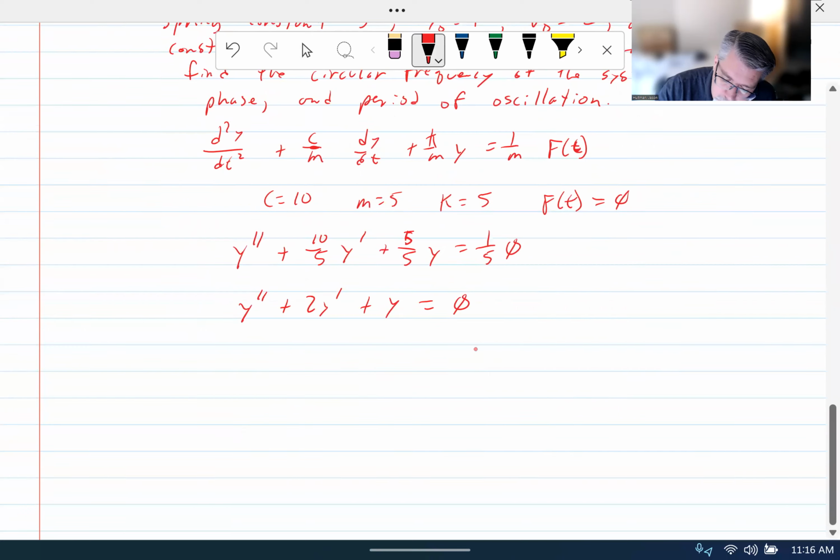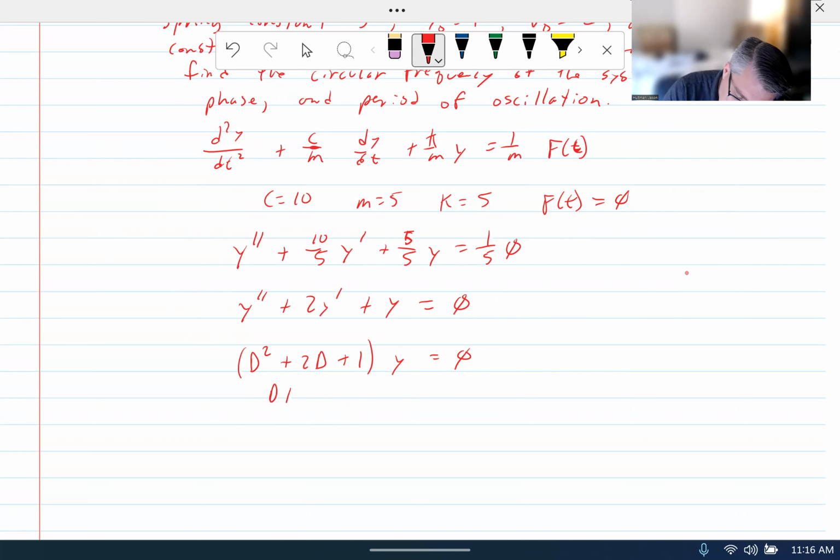Okay, so now let's solve this using our differential operators. This is going to become D squared plus 2D plus 1 of y is equal to 0. Let's factor this. This becomes D plus 1 squared of y is equal to 0.